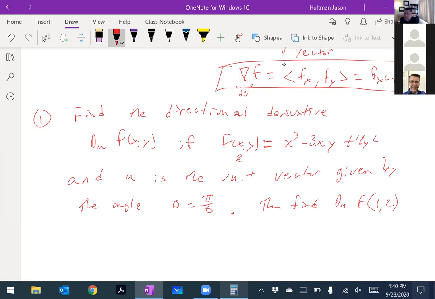What's a way to parametrize this so that I get radius 1? Isn't that the unit circle? Yeah, that's the unit circle. It would be cosine theta, sine theta. That's kind of cool.